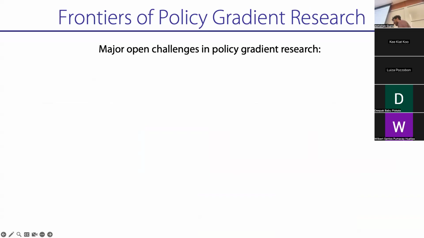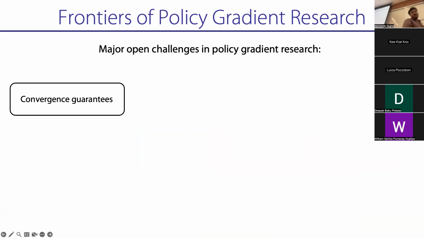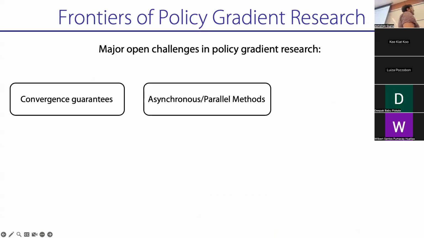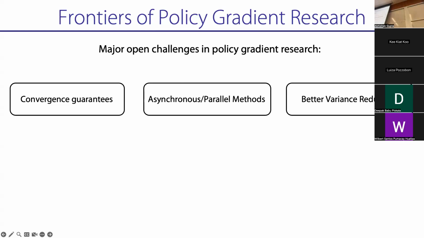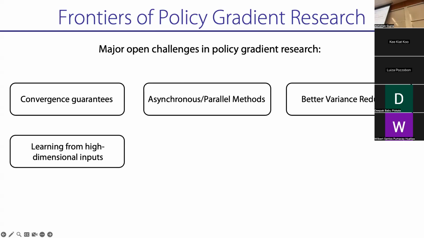Okay, so since this is the grad class, I think it's useful to talk about some frontiers. It's still open to see whether policy gradient converges for the broader class of nonlinear function approximators. There's a lot of nice work on systems and finding ways to parallelize and do asynchronous updates for these policy gradient methods to make use of scale. There are better methods for variance reduction.